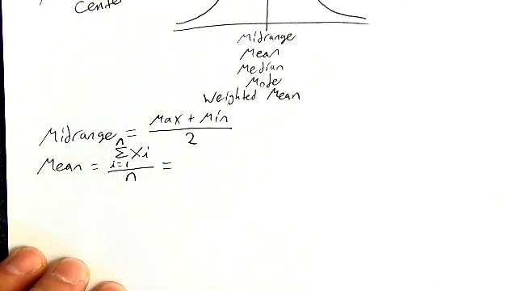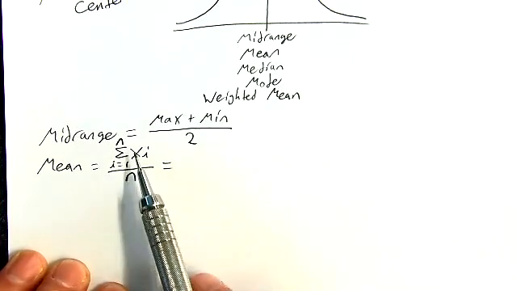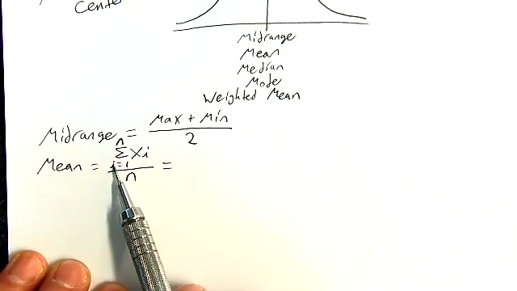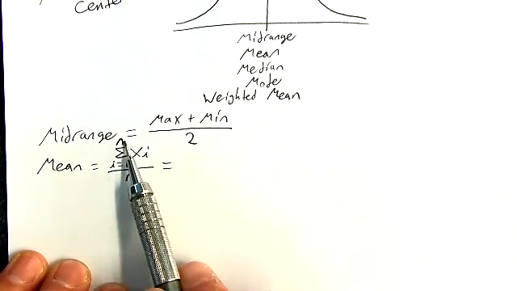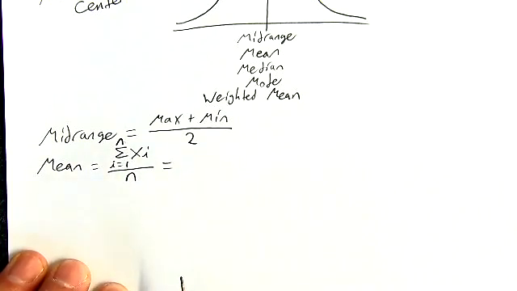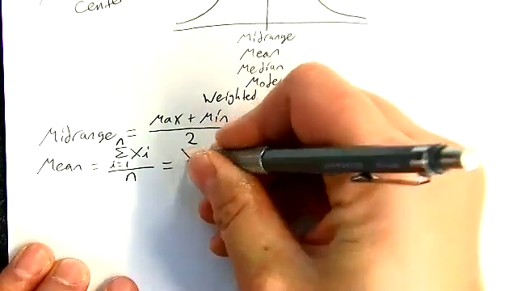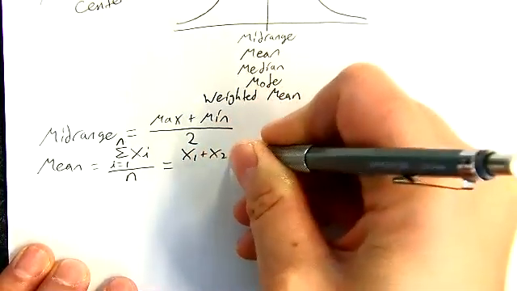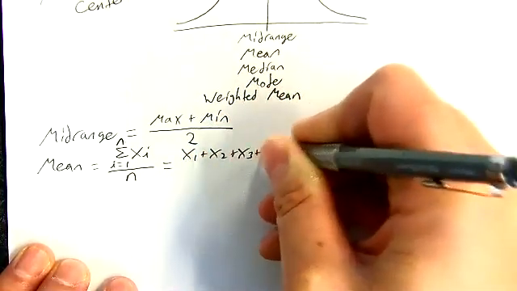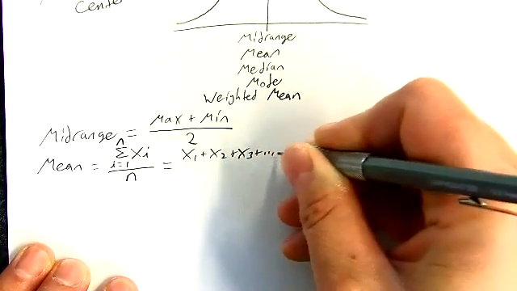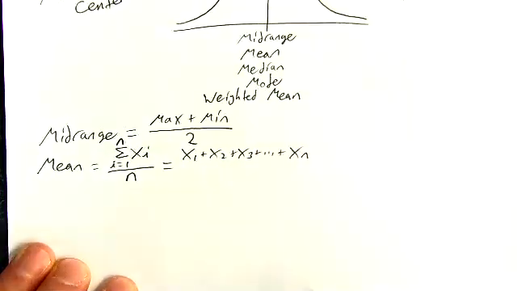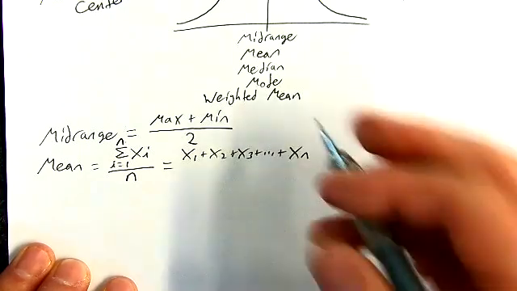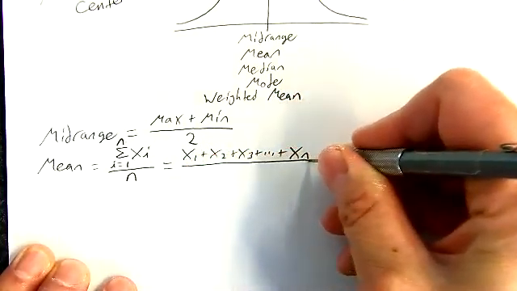So let's make it a little simpler for us. This says x sub i, where i starts at 1 and goes to n. So n is the number of data points we have. So what this really says is just add up all your data. Take x1 plus x2 plus x3 plus dot, dot, dot. This means the pattern continues, plus xn, which would be your last data point, and then just divide by how many data points you have.